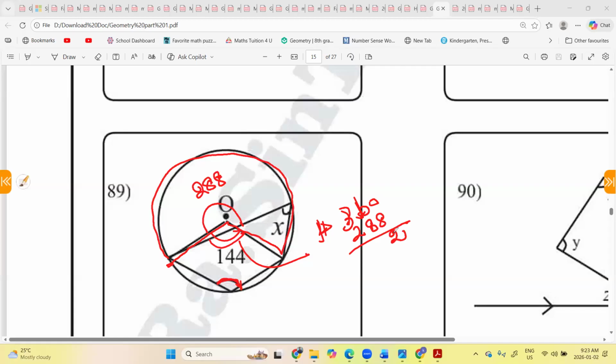This is 2. This is 15 minus 8, 7. We took 1, so 72. If this is 72, students, how much is this one? 36 degrees. Right? 36 degrees.